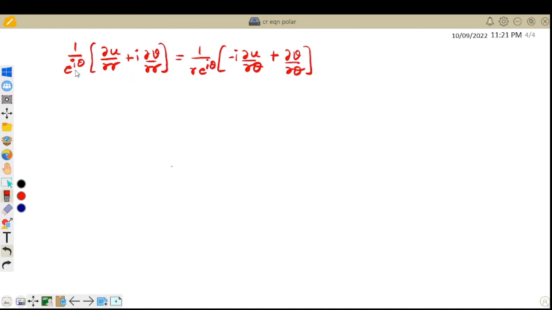Look at both sides, 1 by e raised to i theta cancels, and try to observe.